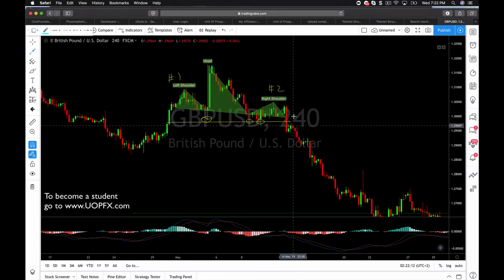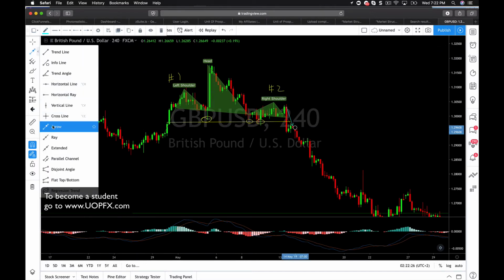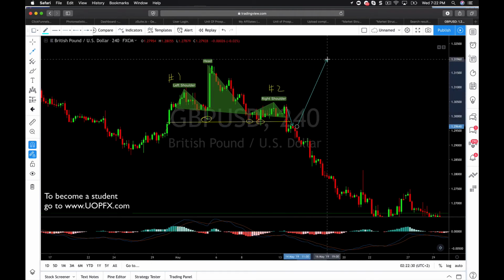It could actually come here, okay? Go to this neckline, all right? And I apologize, this is not perfect. I'm not used to doing this on my laptop.